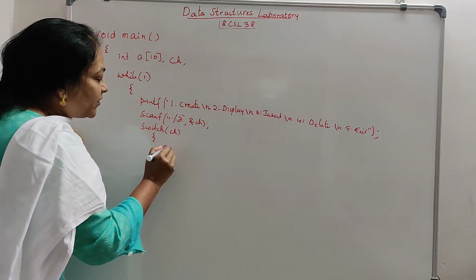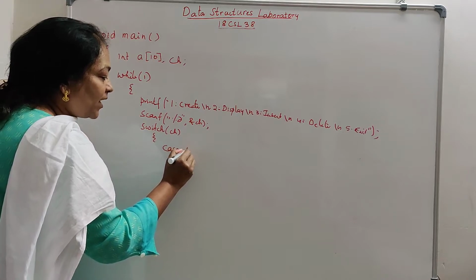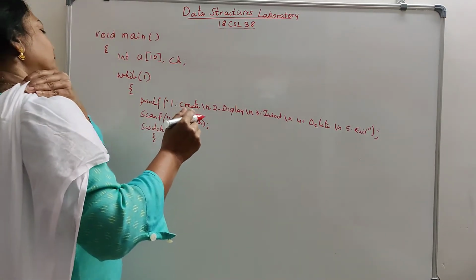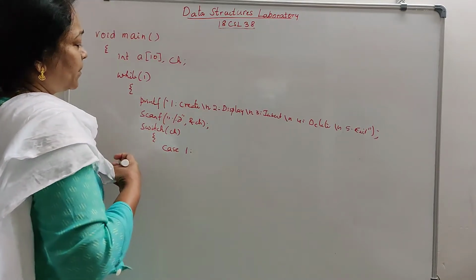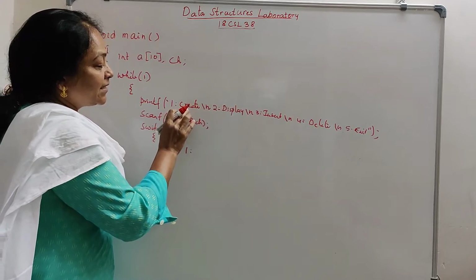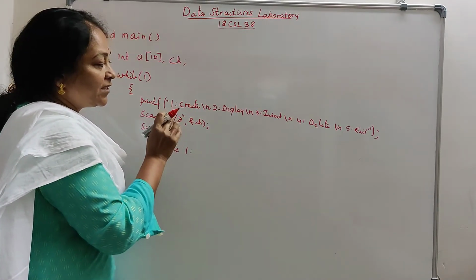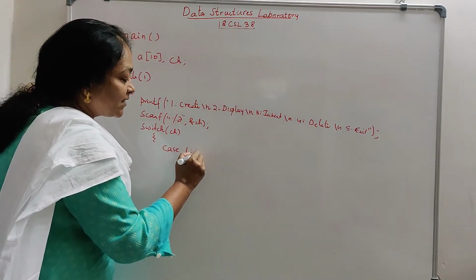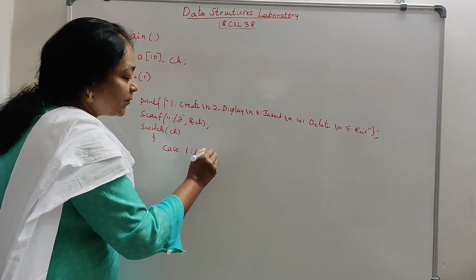Okay, then if the value of the switch is 1, so what is 1? Create. Then you need to call the function called create. And what is needed with the create? Because we need to have the number of elements also. So let us ask the user to enter the number of elements.